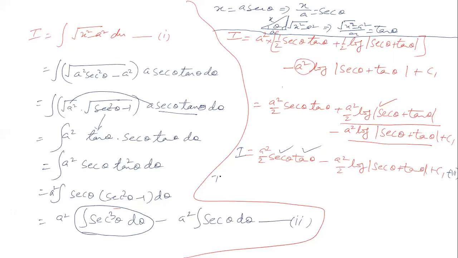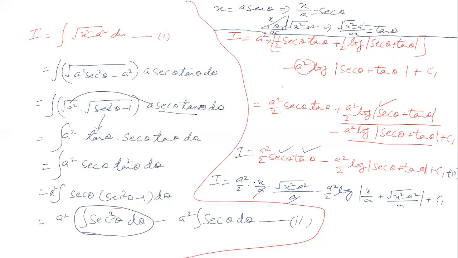It will become I equals a square upon 2 into sec theta is x upon a, tan theta is square root of x square minus a square upon a, minus a square upon 2 log of sec theta, that is x upon a, plus tan theta, that is square root of x square minus a square upon a, plus C1.